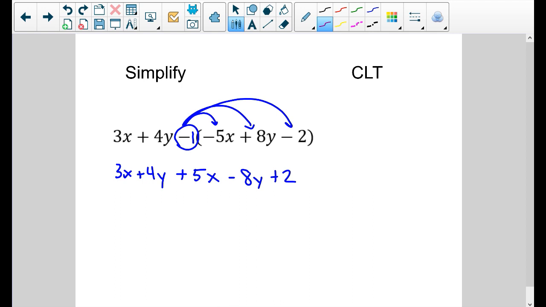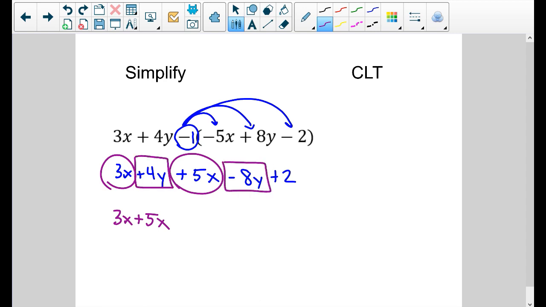So I can take all my x's and move them to the front. 3x plus 5x. All my x's. Why can't we just combine them together? You can. But this is the idea. So this is that commutative property. 4y minus 8y. And then 2 on the end. And then I'm looking at combining these. When we combine like terms, what property are we using?